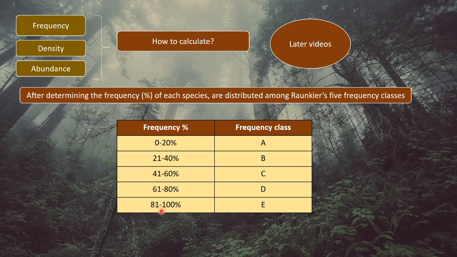Now there is another term that you need to understand, which is heterogeneous community. How can we say that a community will be heterogeneous? When there are more B, C and D values, right? Which means that there are some plants that have frequency of 21 to 40%. So in an area some plants have this frequency, some plants have that frequency and some plants have another frequency. So there are different kinds of plants present with different frequencies.